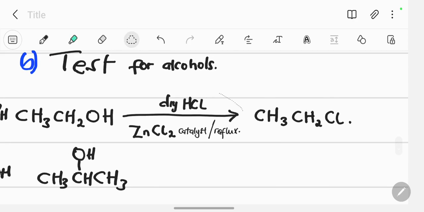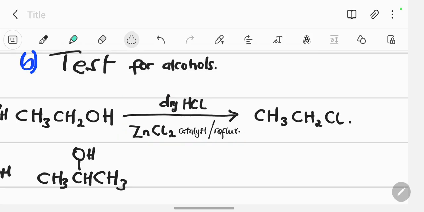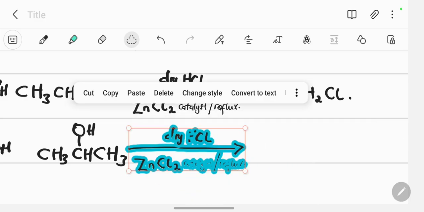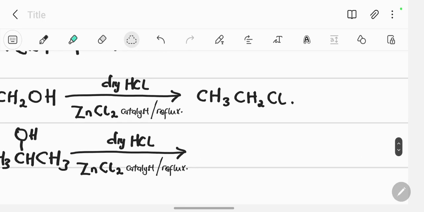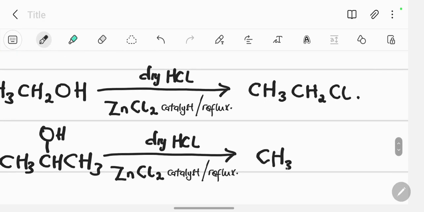And I bring in these conditions there. What am I going to end up with? I'm going to end up with CH3, CH, and chlorine, then CH3, like that.